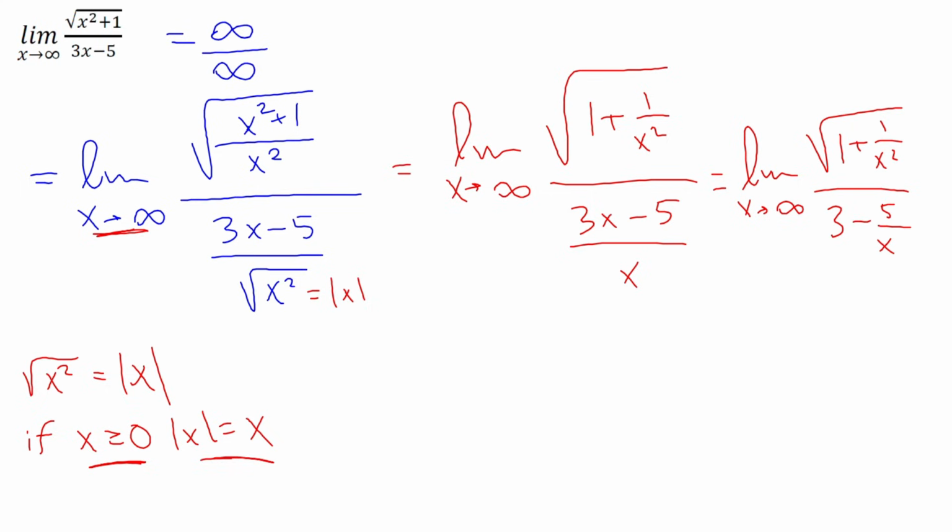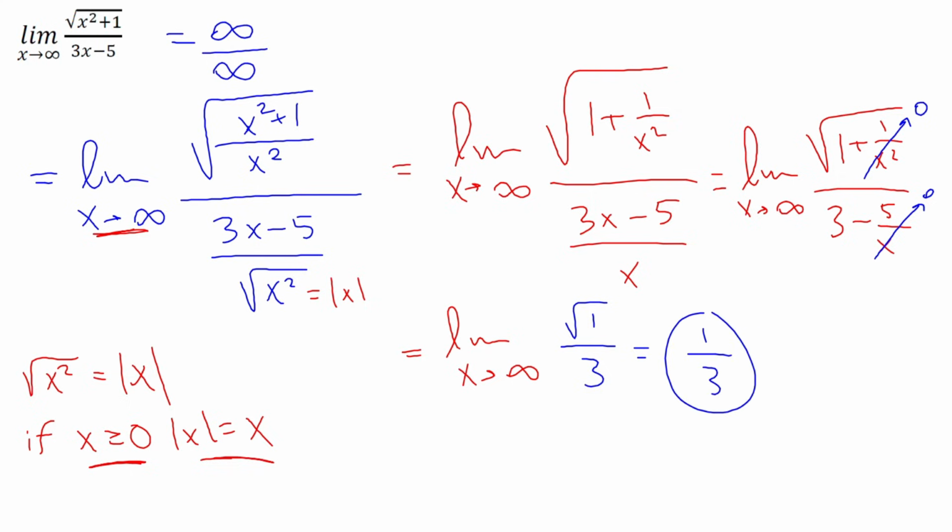And from there, we should be able to evaluate that at infinity. So what we'll do is we'll just plug in infinity, noting that as x goes to infinity, 1 over x squared is 0, and 5 over x is also 0. That's 1 over infinity and 5 over infinity. Both are 0. So this becomes a limit as x approaches infinity of the square root of 1 over 3, which is just 1/3.